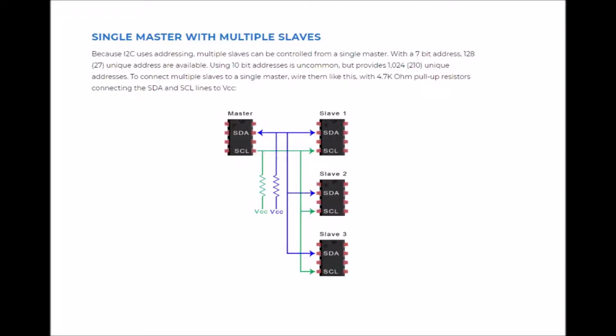Using 10-bit addresses is uncommon but provides 1024 unique addresses. To connect multiple slaves to a single master, wire them like this with 4.7K ohm pull-up resistors, connecting the SDA and SCL lines to VCC.